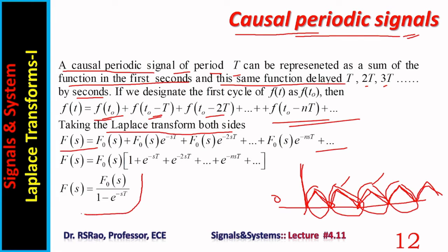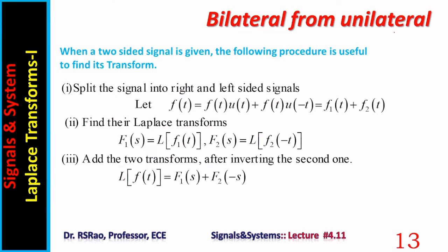So this can further be simplified as f of s equal to f naught of s by 1 minus e power minus st. So this is the expression for Laplace transform of a causal periodic function or signal.